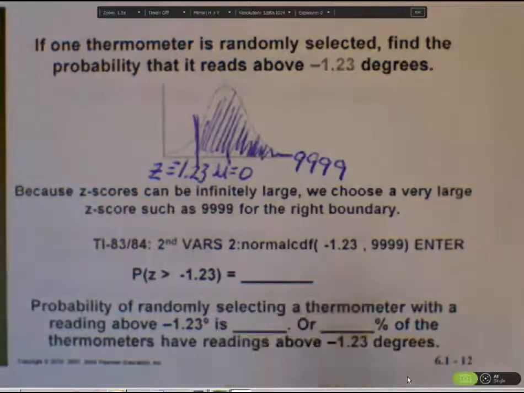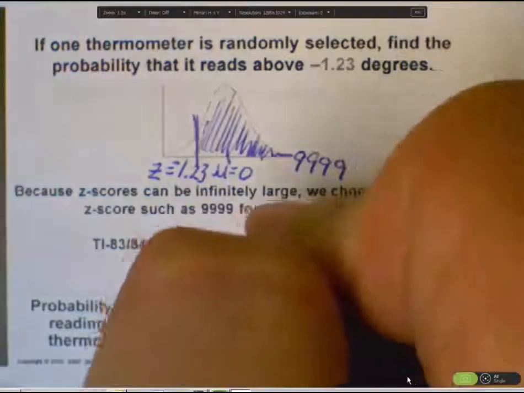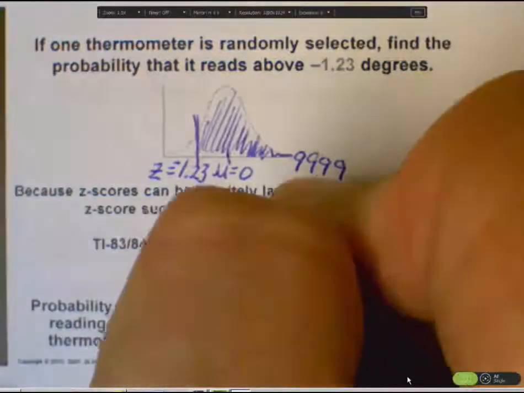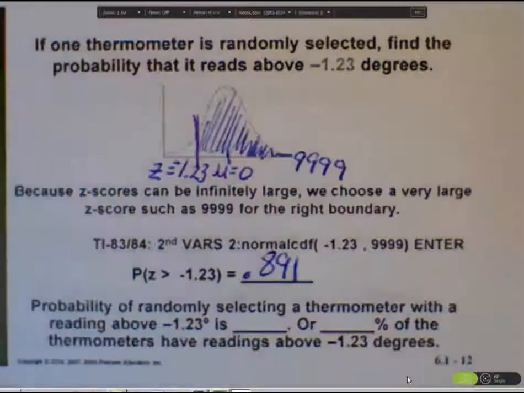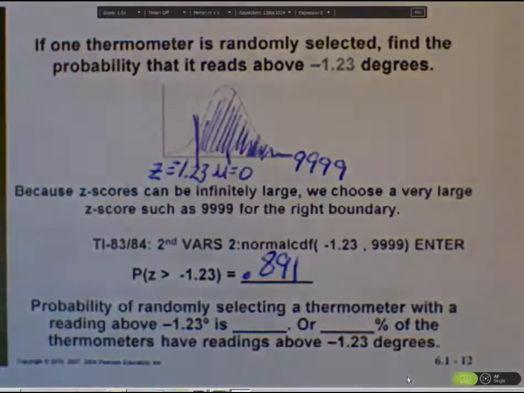So I enter normal CDF, second VARS, number 2. I want the probability from negative 1.23, comma, to positive 9,999, and I get that probability to be 0.891 when I round it to 3 decimal places.